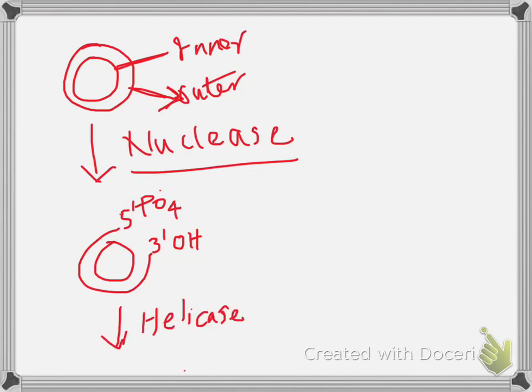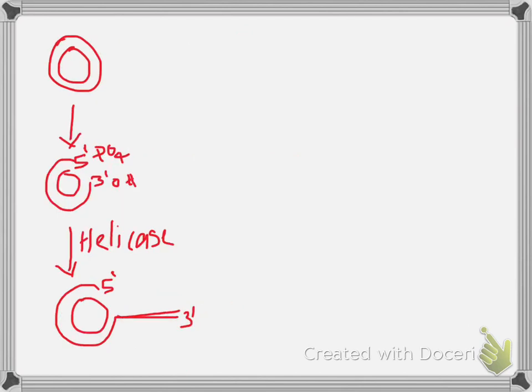In the next step, the enzyme helicase will come and it will unwind the DNA. So in the first step, the nick is generated by the nuclease, and in the second step, the helicase unwinds the DNA. So the helicase will open up the DNA like this.